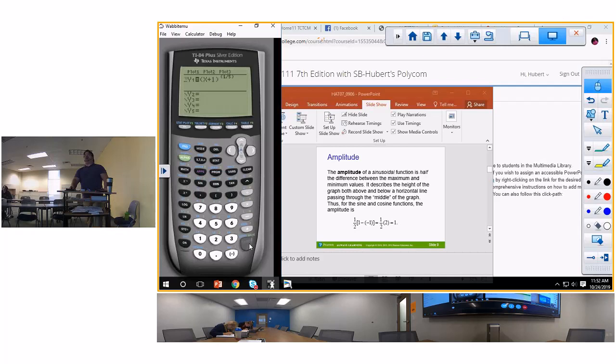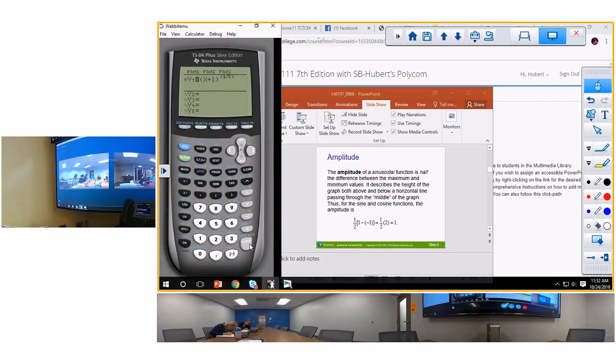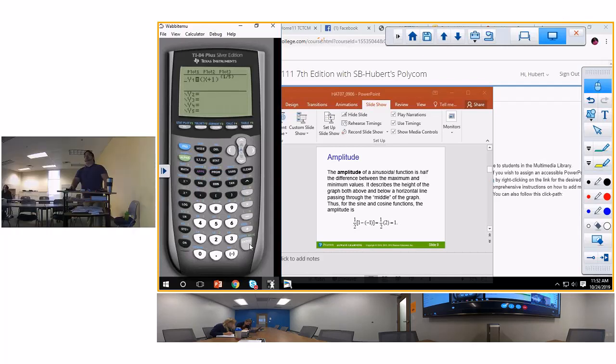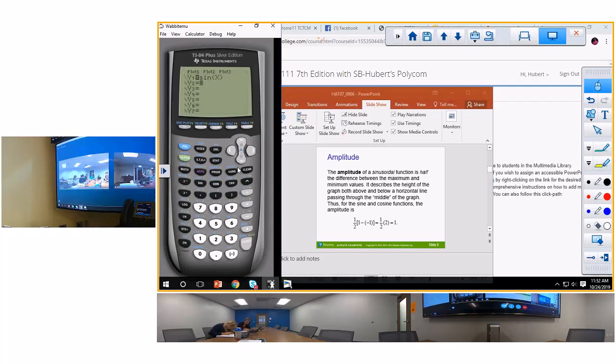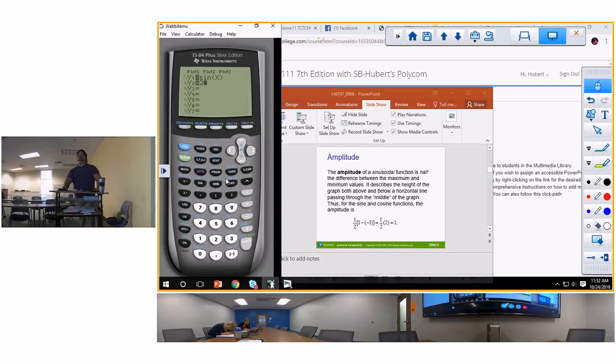Change it to the dashed line. There we go. And I'm going to call it sine of x. Okay, just wait a minute. There we go. Sine of x, close parentheses, and then go below there and do 2 sine of x.